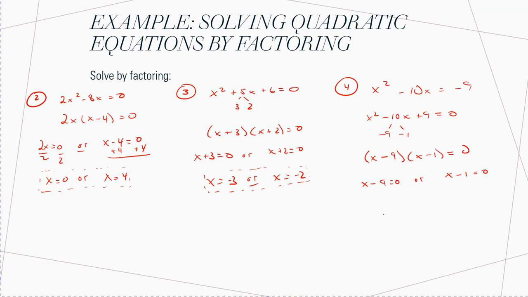I'm going to add 9 to both sides. So one solution is x is equal to 9, and another solution here, when I add the 1 to each side, x is equal to 1. So you see here, the hardest part is just to factor, right? If you can factor this, boom, boom, boom, it's pretty straightforward, okay?